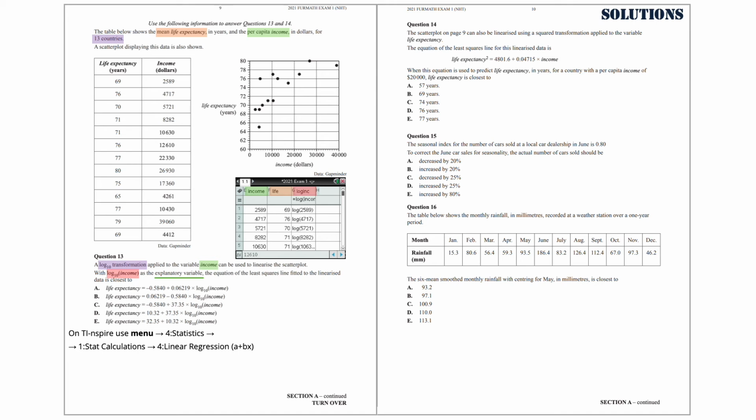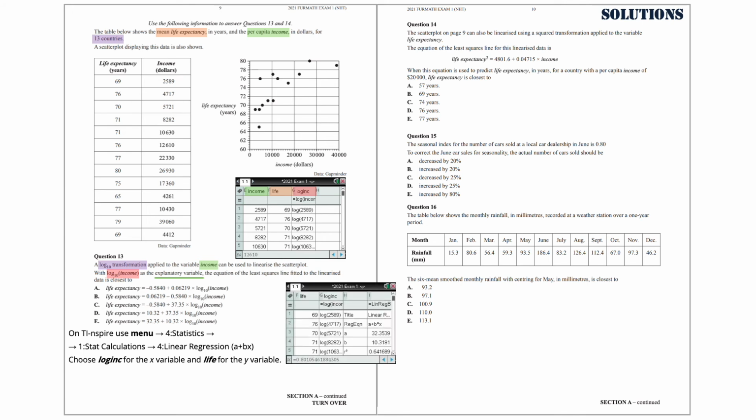We choose log base 10 of income for the X variable and life expectancy for the Y variable. And here are the values that we need. So the life expectancy equals 32.35 plus 10.32 times log base 10 of income. So the answer we are after is option E.